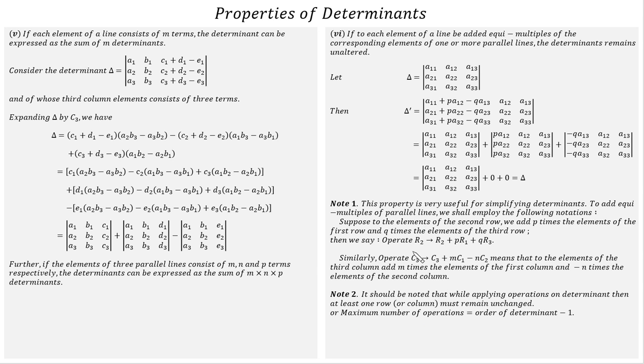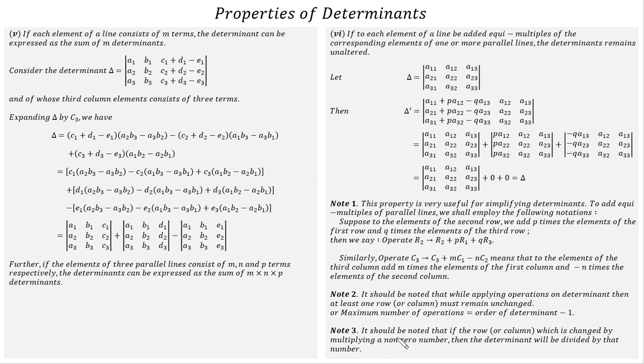That is, over here you can see that when R2 is changed as R2 plus pR1 plus qR3, R2 is kept as it is, while the two lines R1 and R3 are changed as p times R1 and q times R3. Similarly, over here when C3 is changed as C3 plus mC1 minus nC2, C3 is kept as it is, while C1 is changed as mC1 and C2 is changed as minus nC2.